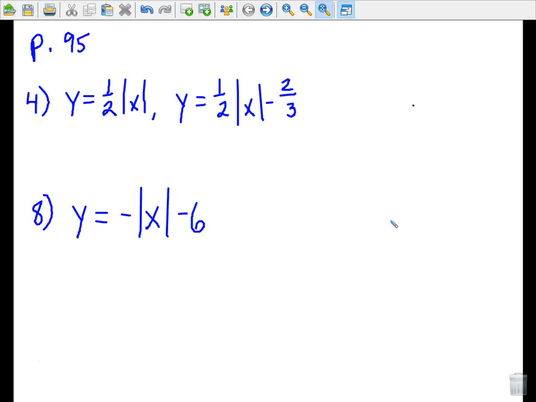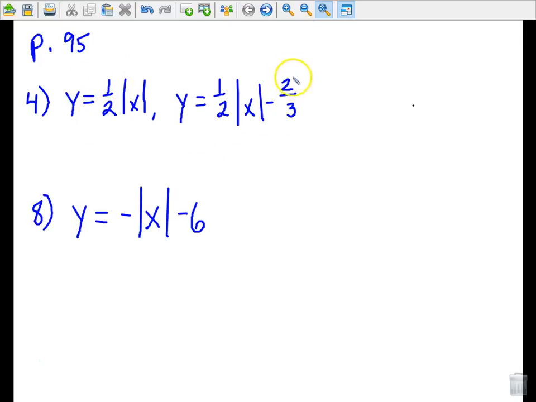So in number 4, this whole block of problems, we're given a parent function. Actually, this wouldn't technically be a parent function because it's multiplied by a half, but we're given a function and then we're given another function beside it, and we're asked to determine what is the relationship, how this describes a translation or a shift in the original given function.